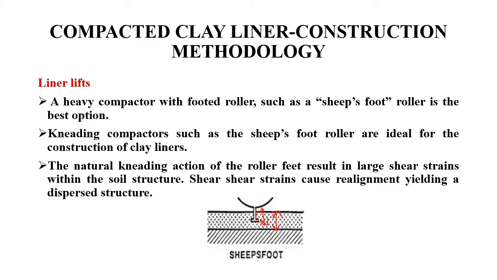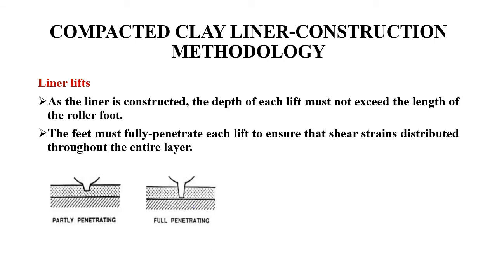You have already studied in your geotechnical engineering about dispersed structure and flocculated structure. The advantage of getting a dispersed structure here is that you will get only fewer void spaces in a dispersed soil structure, and because of the fewer void spaces, it will only promote lower hydraulic conductivity through such a soil structure.